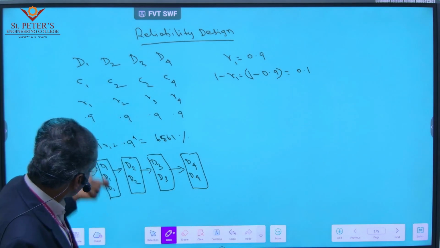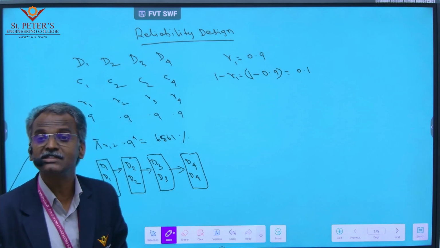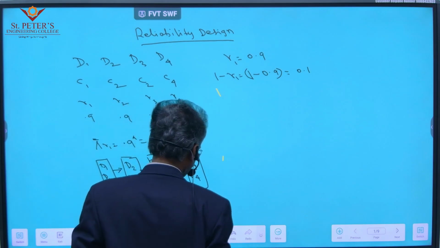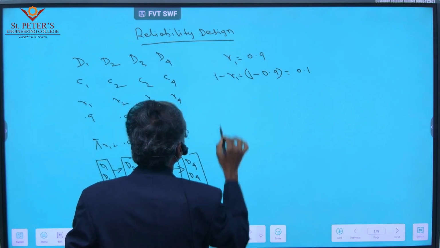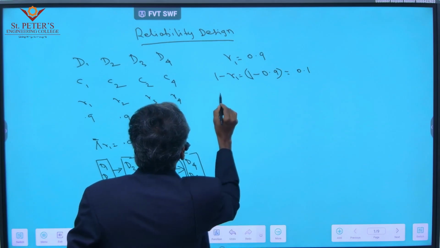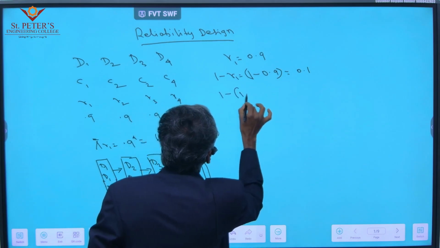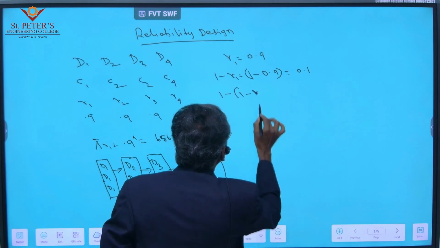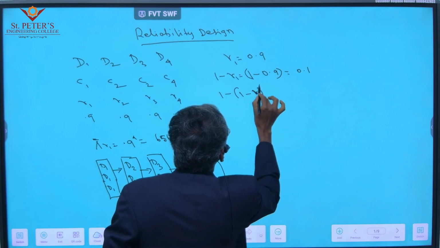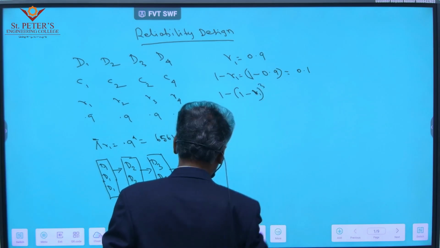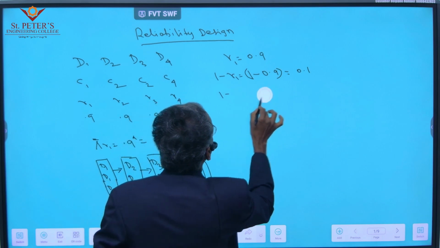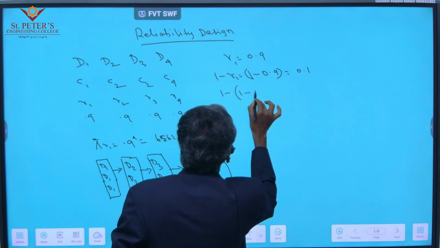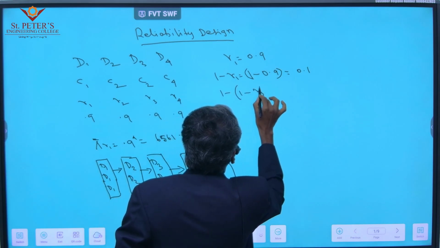Now how many copies do we have? 3 copies for the first device itself. So what is the failure rate? It is (1 minus R1) to the power of 3.